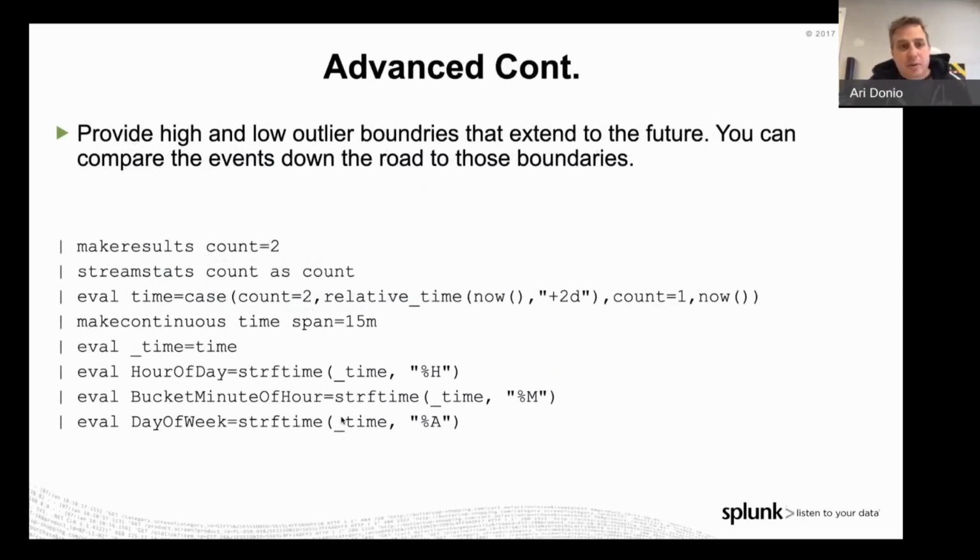So if you pay attention, what we're really doing is we're creating just 2 events, and then we create the time and put it 2 days forward. So we're creating future events with makecontinuous.